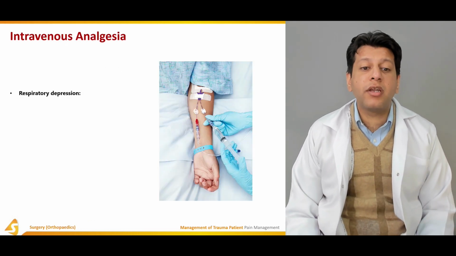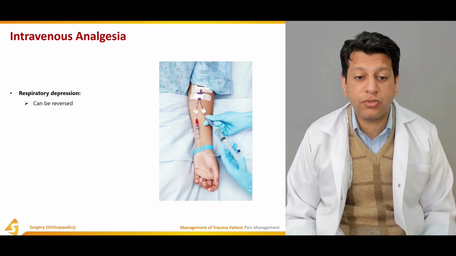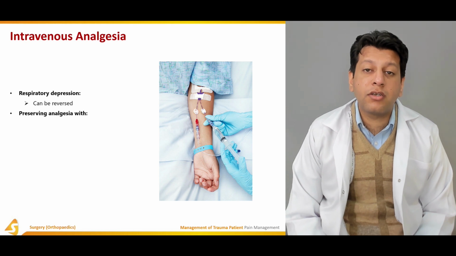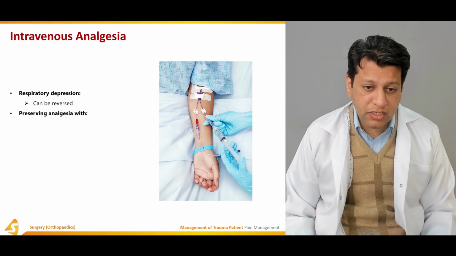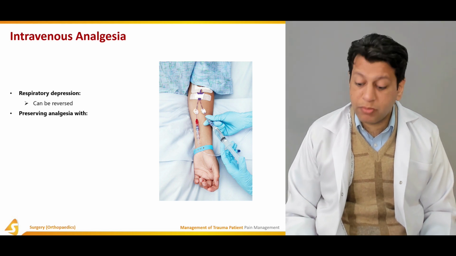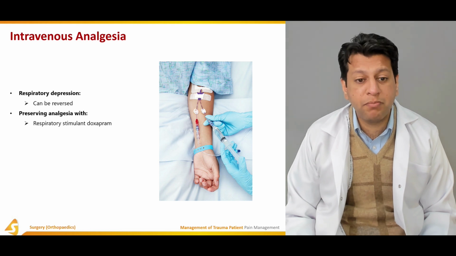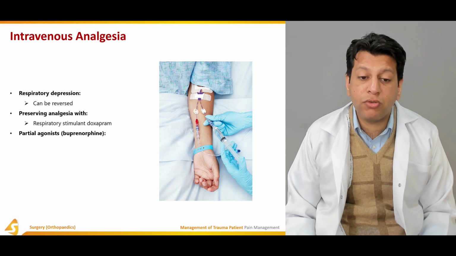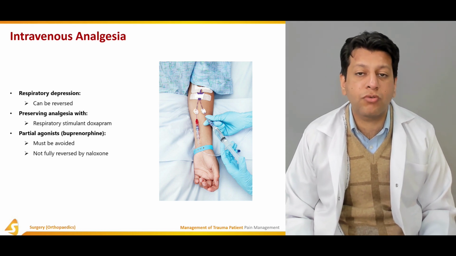If respiratory depression ensues after IV morphine use, it can be reversed. There are different drugs available to reverse the effects of morphine. Analgesia can also be preserved with the use of a respiratory stimulant called doxapram. The partial agonist buprenorphine can also be used, but it must be avoided as it is not fully reversed by naloxone.